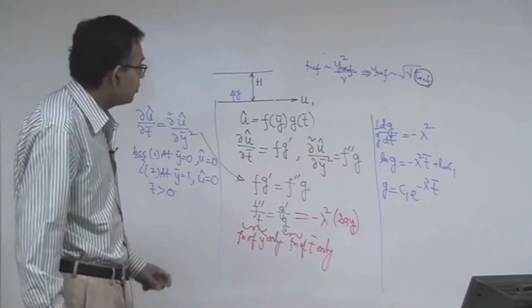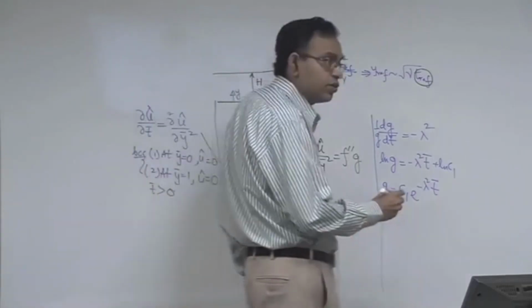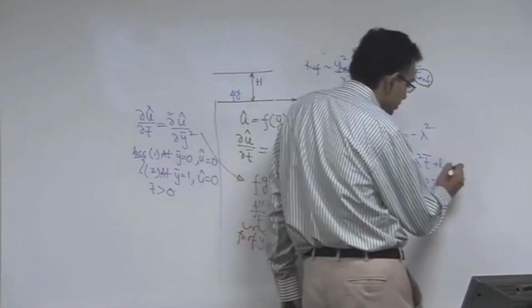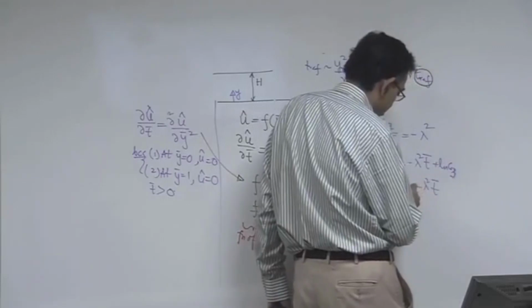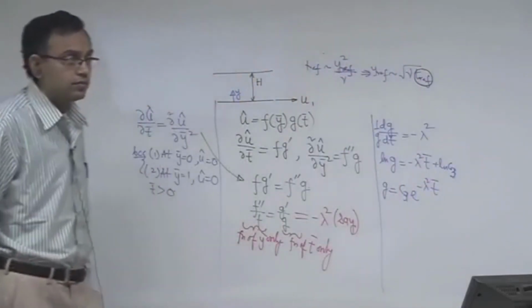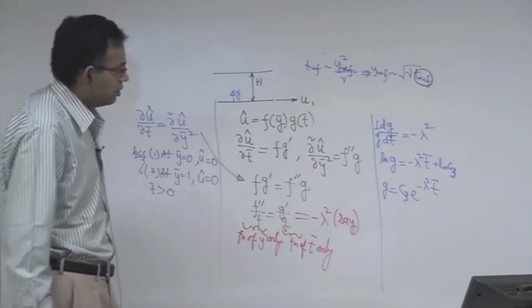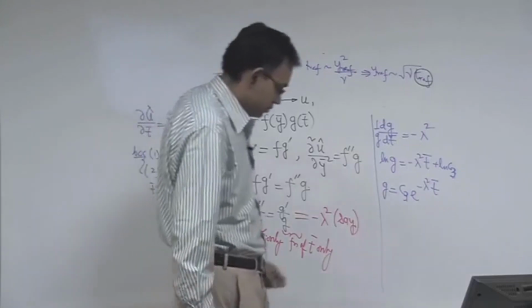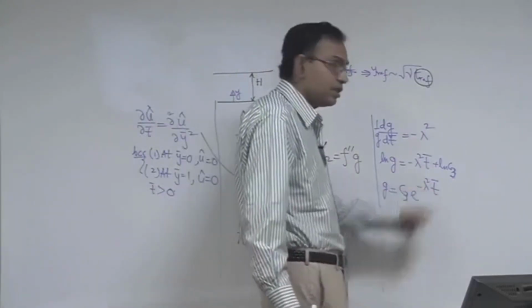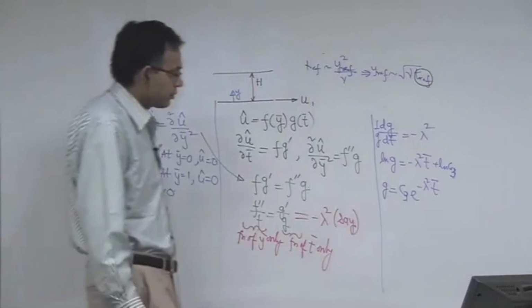I have used C1 before for this problem, and C1, C2 we have already used before. So, C3. So, g is equal to C3 e to the power minus lambda square t.